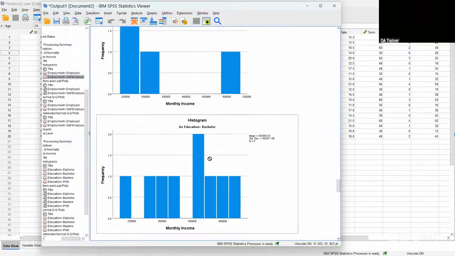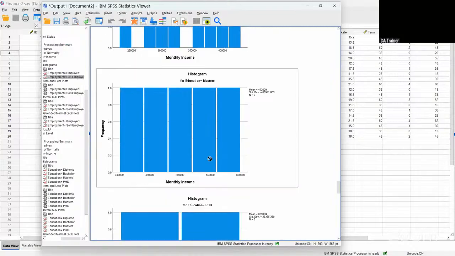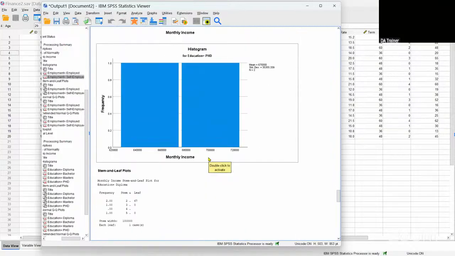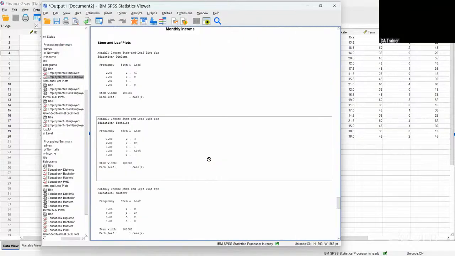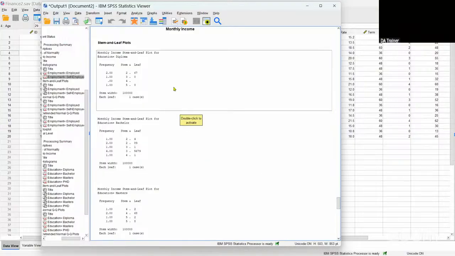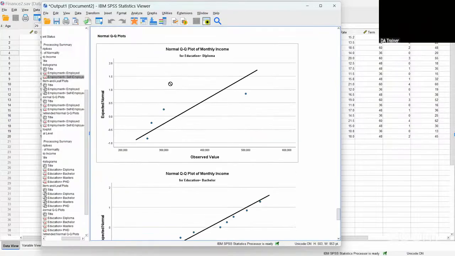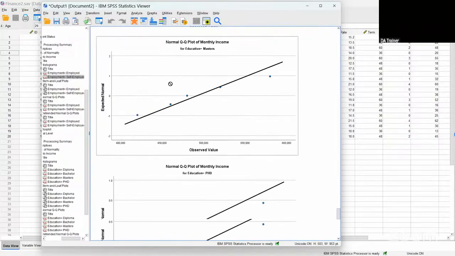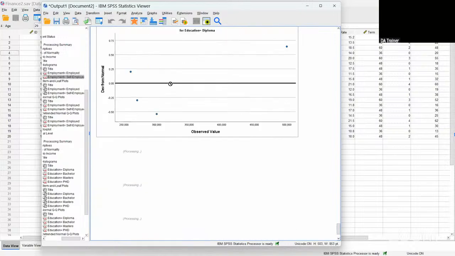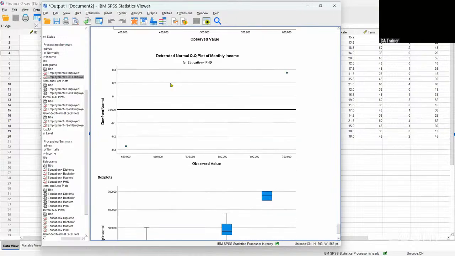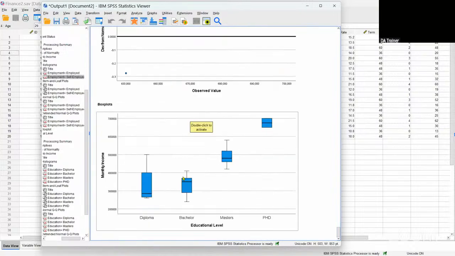So this is the information we can fish out just by exploring statistics to preview this information. A lot of them are here. Beautiful.